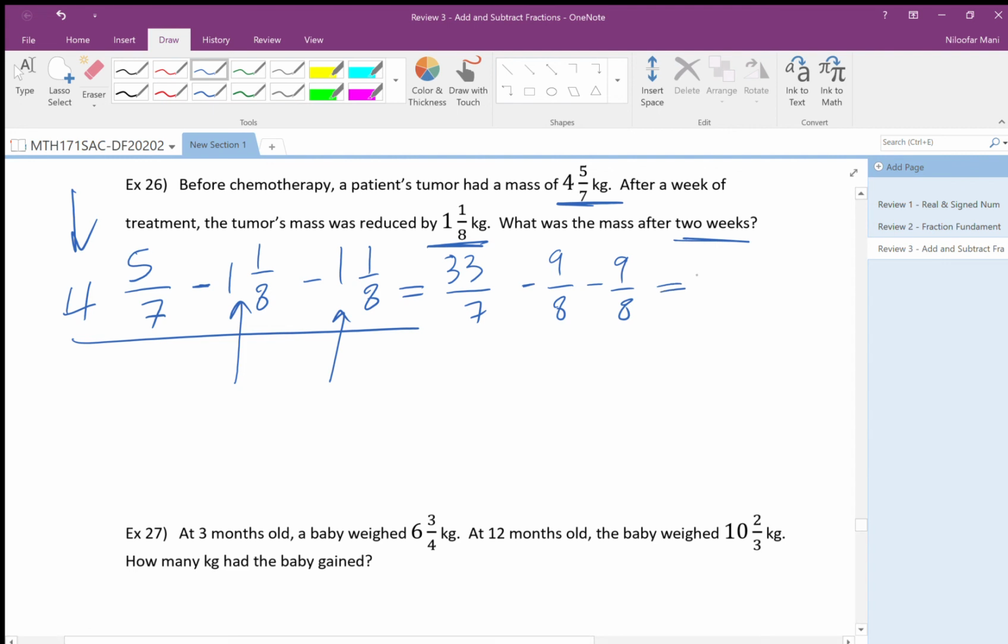So here, it is 33 multiplied by 8, 7 multiplied by 8, minus 9 multiplied by 7, 8 multiplied by 7, minus 9 multiplied by 7, the same.